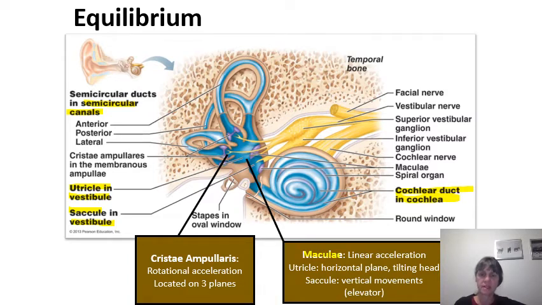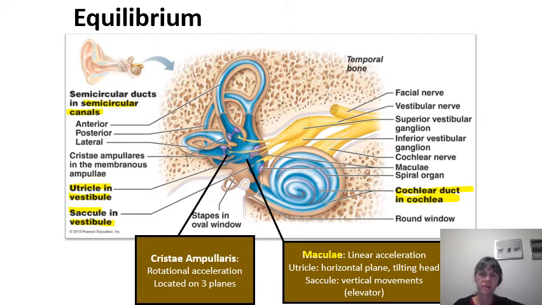The word maculae means spots. The utricle is responsible for our understanding of linear acceleration on a horizontal plane, including tilting the head, whereas the saccule helps us determine linear acceleration vertically, such as if you were in an elevator.